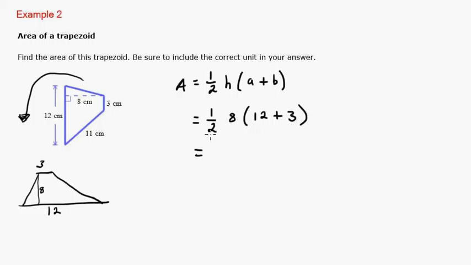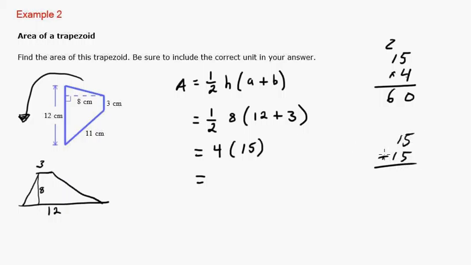So 1/2 of 8 is 4, and 12 plus 3 is 15. So 4 times 15: 4 times 5 is 20, 4 times 10 is 40, so 60. I know that 15 plus 15 is 30, so I just double 30 and get 60.